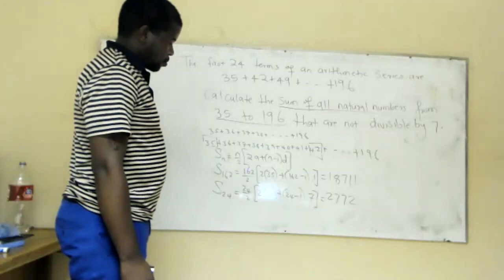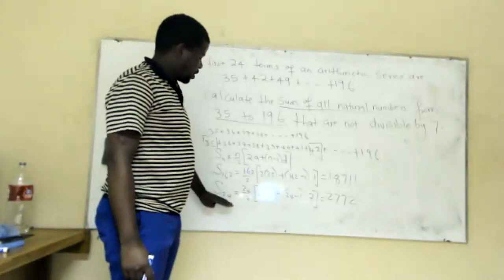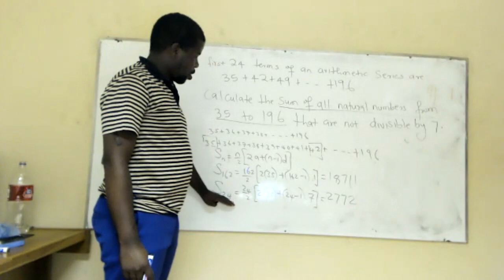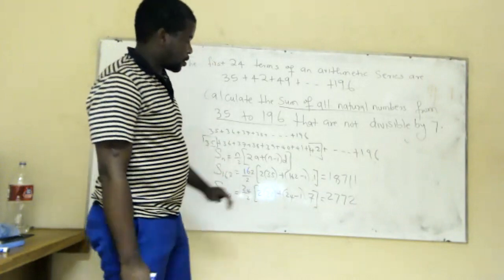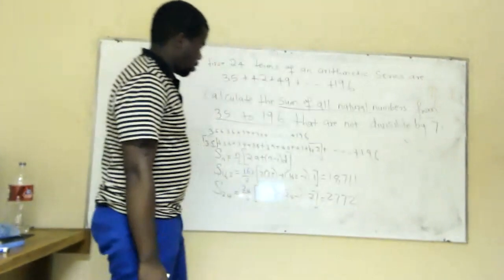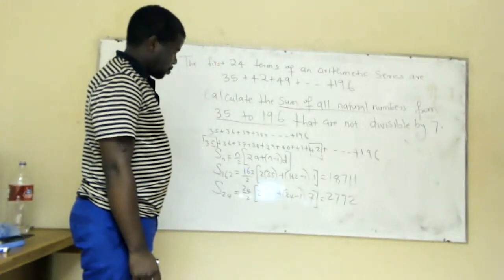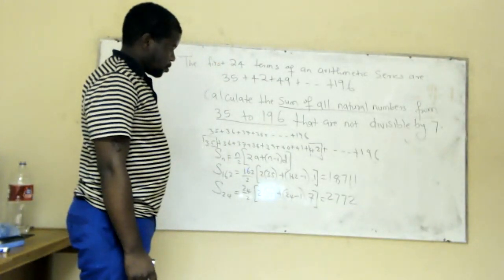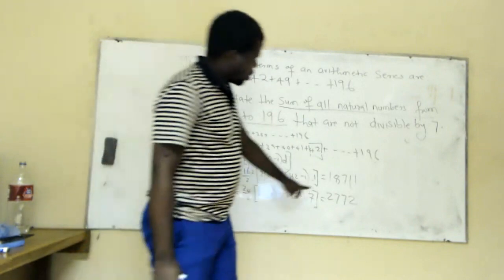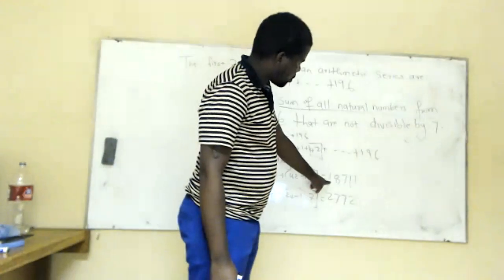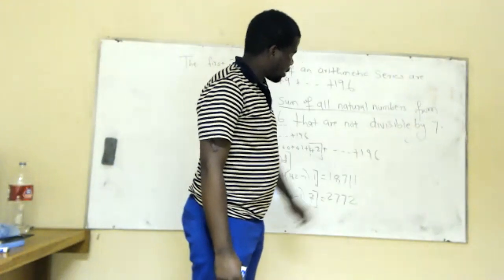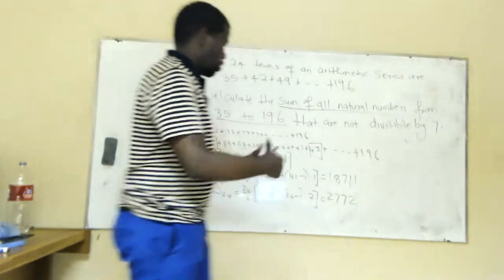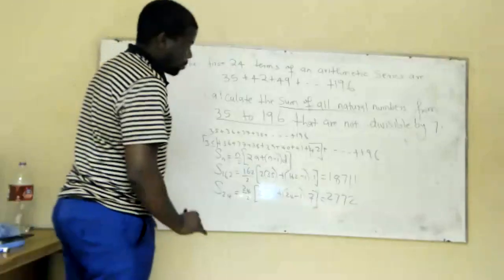The 24 terms we have here must be less than these ones we have. It is less. Check. Okay, this is 18,000 and this is 2,000. Oh, now it's fine. Yes, I'm happy now.